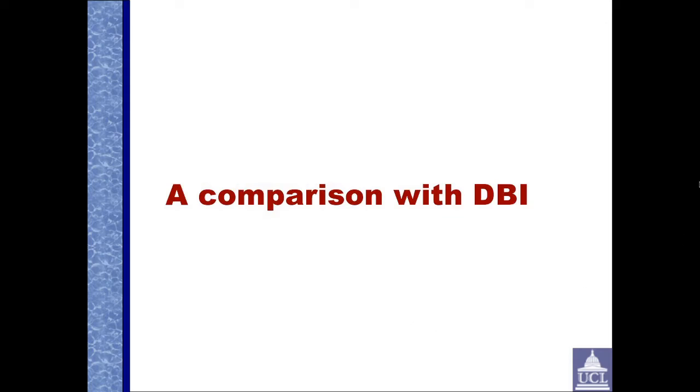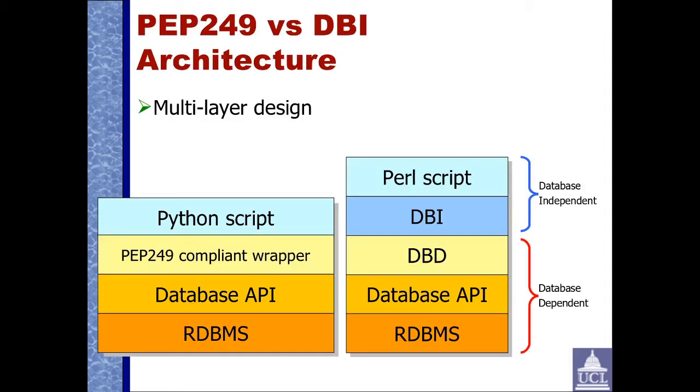Now, just to draw some comparisons with other ways of doing this, DBI is the equivalent sort of thing in the Perl programming language. And that actually adds in an extra layer. So if you write a script in Perl, you access a DBI layer, and that bit of code is itself independent of the database.